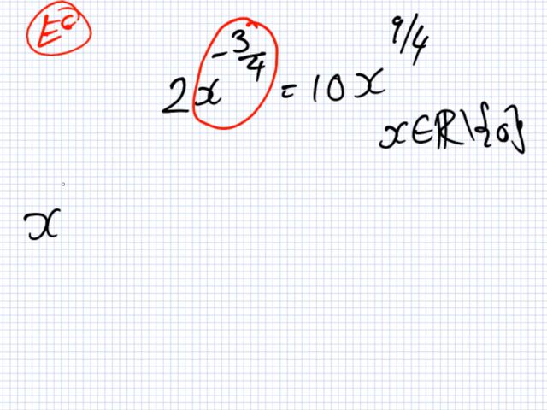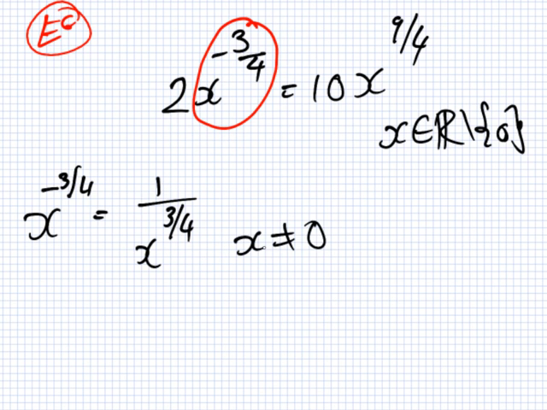Because x power minus 3 over 4 is the same as 1 over x power 3 over 4. And you can see here, definitely x can't be 0. So anyways, I'm just saying, if 0 was our answer, we can't use that answer. It could be any number, except we know it shouldn't be 0.